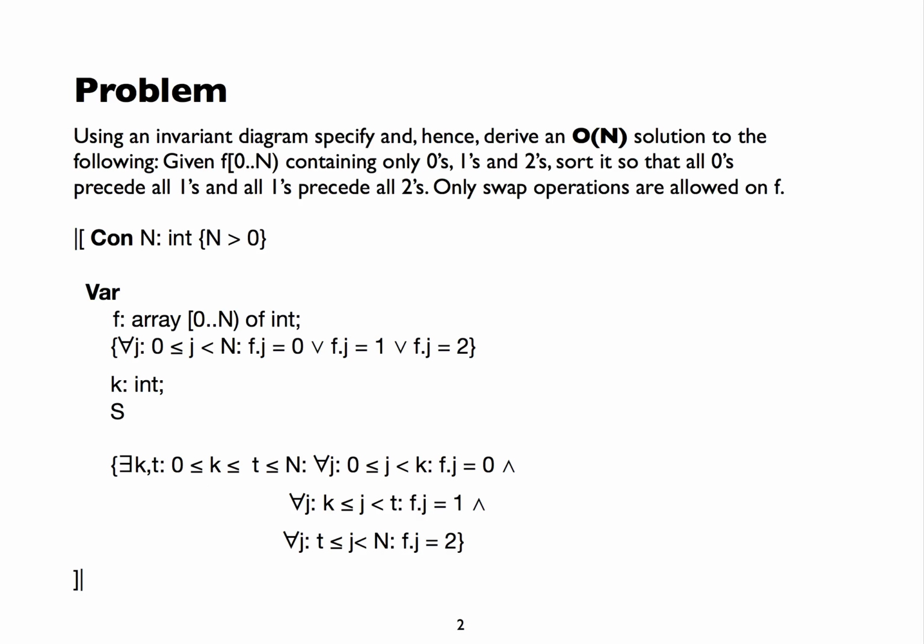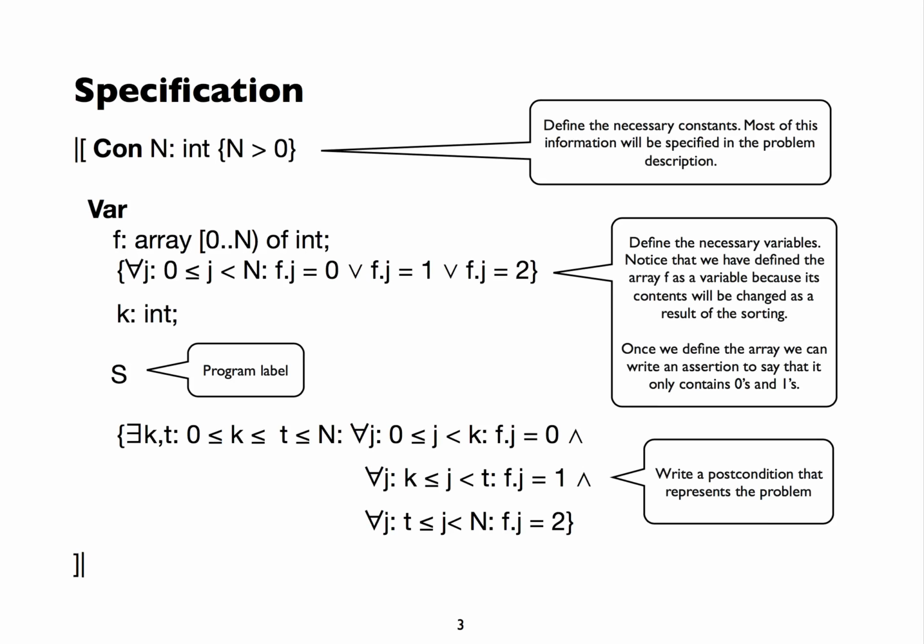So the first thing we need to do is write down a specification based on the English description that we've just been given. Our specification is going to contain a number of parts. It's going to contain any information that we have about constants, like n for defining the size of the array, and any assertions that we've been given about n.